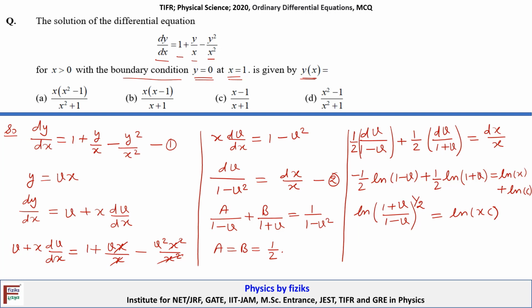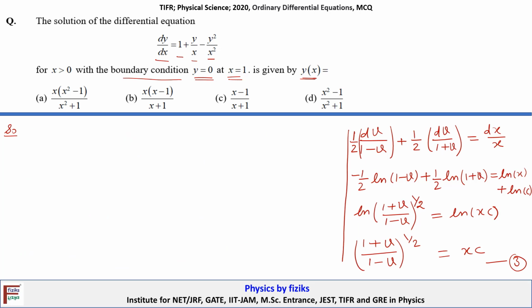And now we can solve by taking the exponential on both sides. Then we can write 1 plus v divided by 1 minus v to the power 1 by 2 is equal to x into c. Now this is say equation number 3.